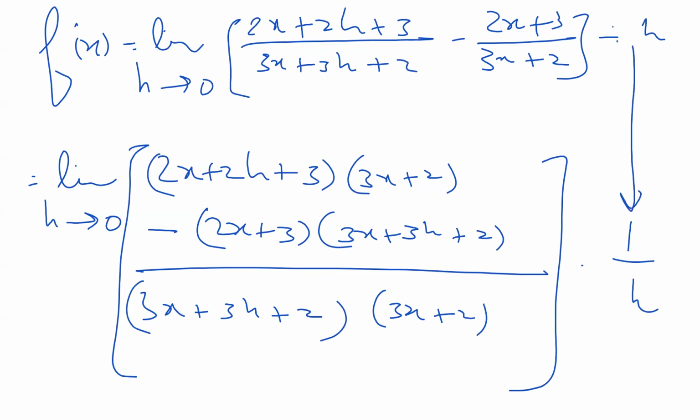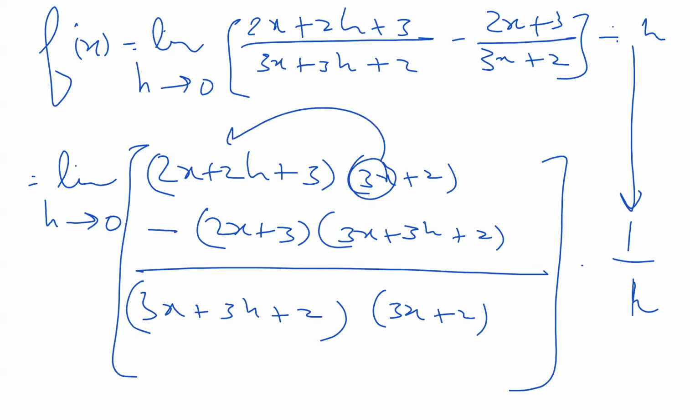This h is written as 1 upon h. Now we have to very clearly open these brackets because otherwise it will be very difficult if you don't do it systematically.